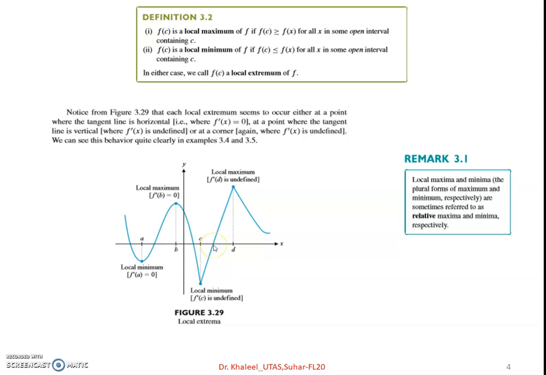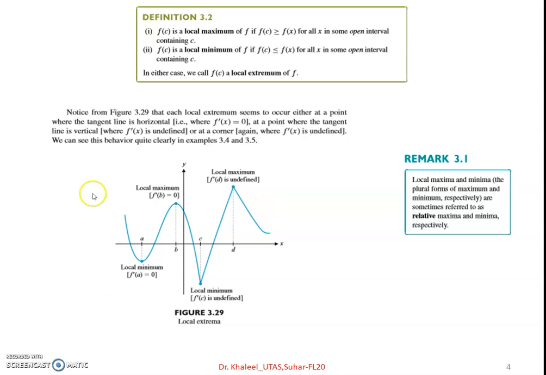For this part of the graph, from here to here, this is the local maximum, and it is also the absolute maximum because it is the maximum of all. This is the local minimum for this part, and it is also the absolute minimum for the entire graph. So be careful that local is for part of the domain and absolute is for the entire domain.